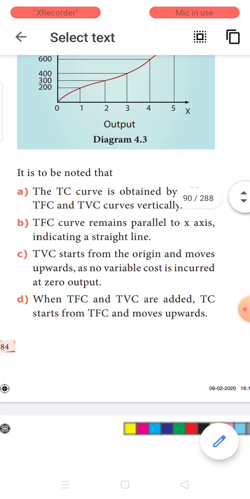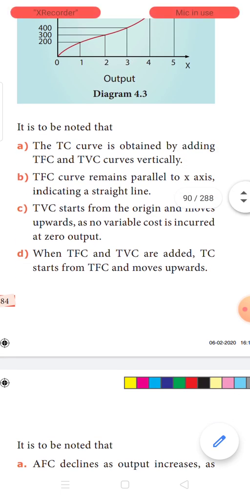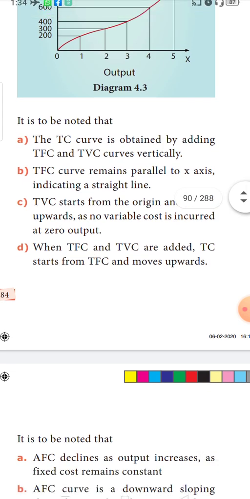You could see whatever I told you now is given in the form of points. The TFC remains parallel to the x-axis, indicating a straight line. And how do we arrive at TC? TFC plus TVC. TFC curve remains parallel, and TVC, where does it start from? It starts from the origin. When TFC and TVC are added, what do you get?